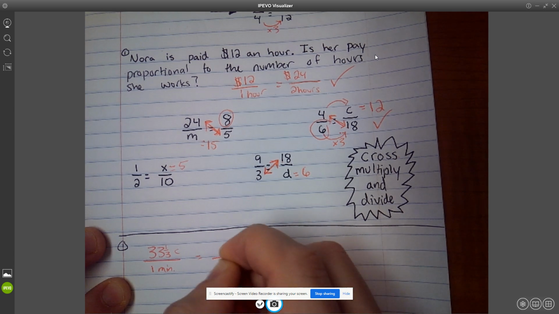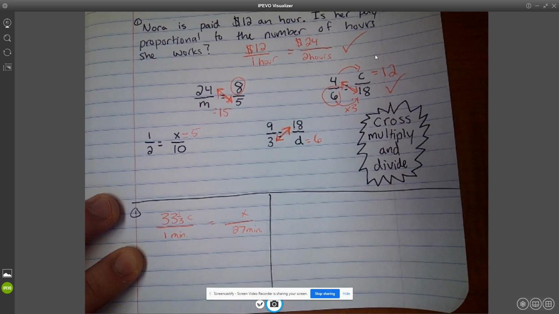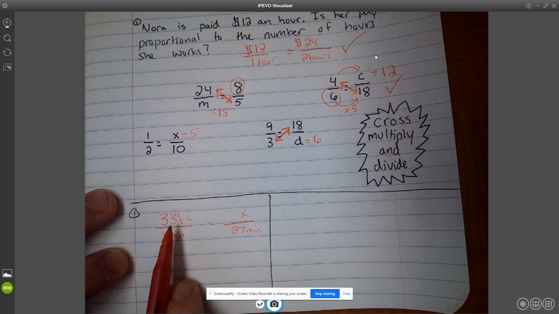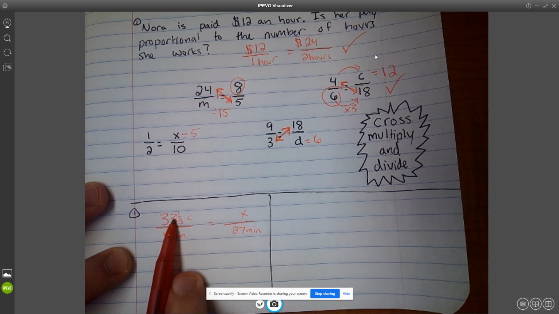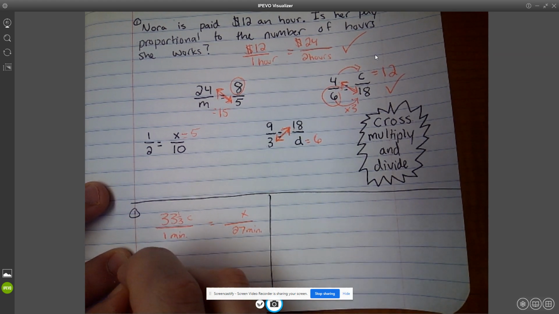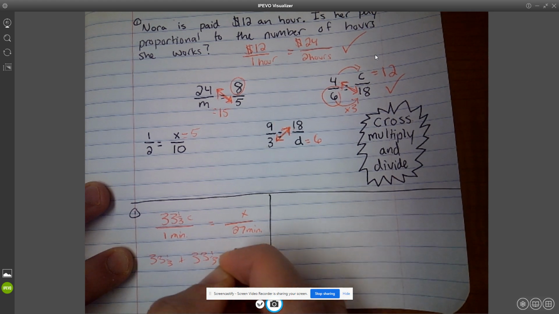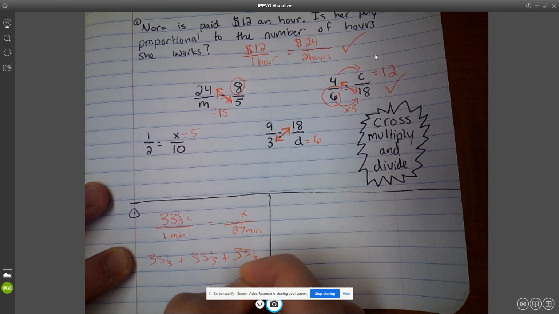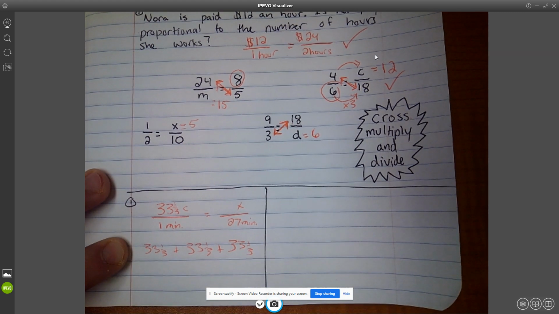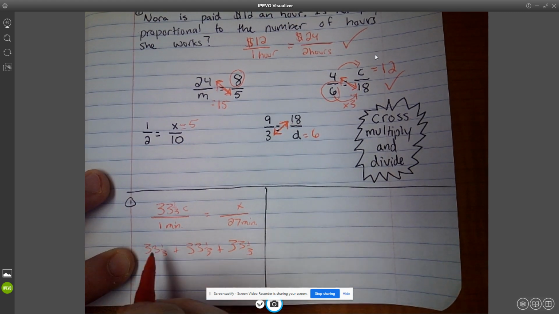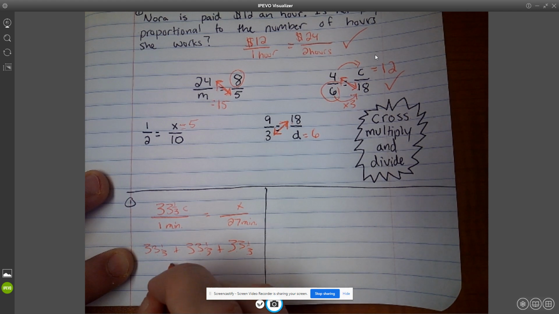So right off the bat, I could cross multiply and divide this. I'm going to make my math a little bit easier. I know 33 1/3 plus 33 1/3 plus 33 1/3 is going to give us 1. So that would give us $1 for every 3 minutes.